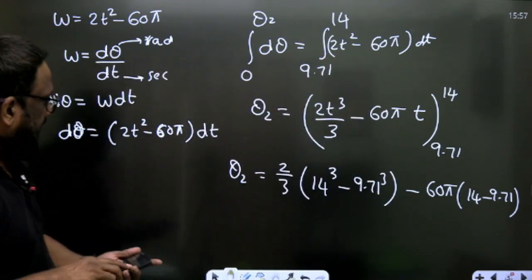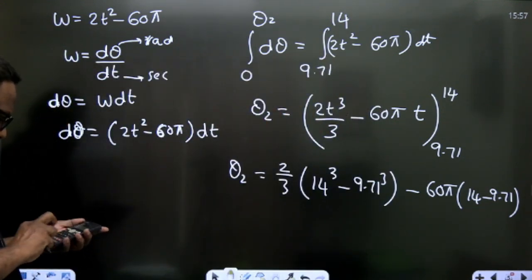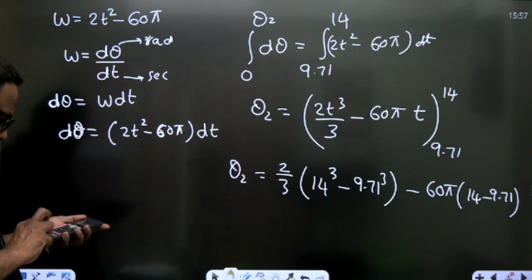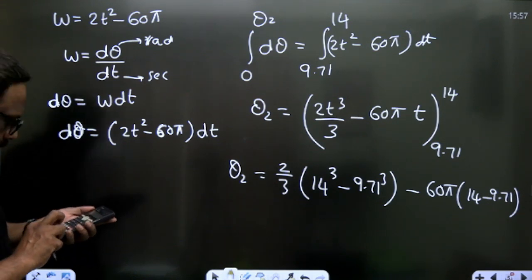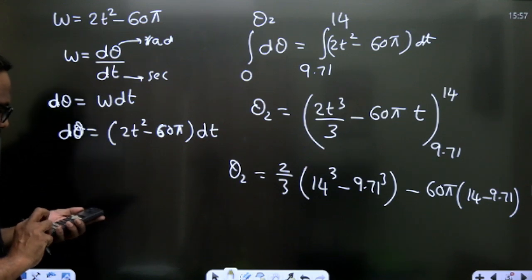Let me calculate, sirs. 14 cube minus 9.71 cube into 2 by 3.